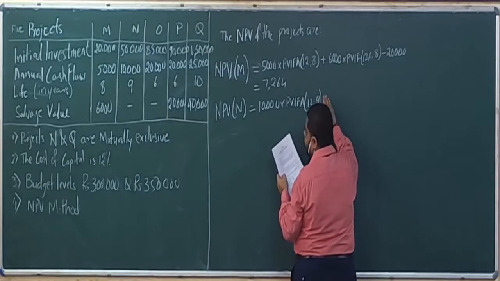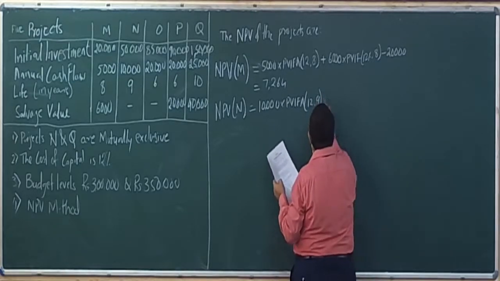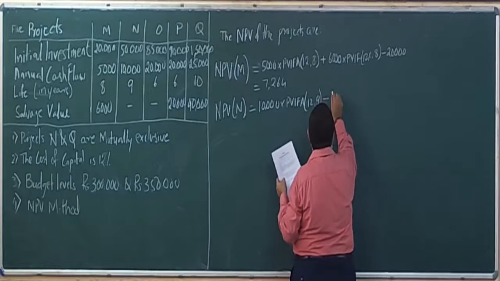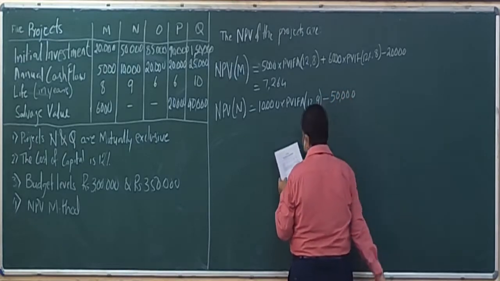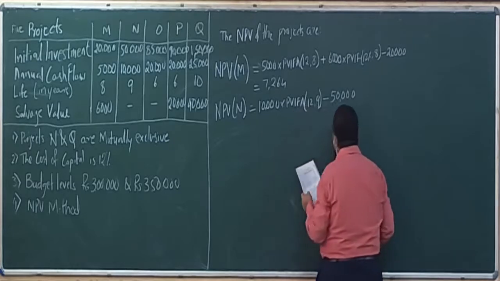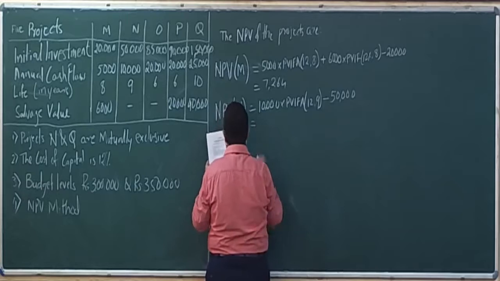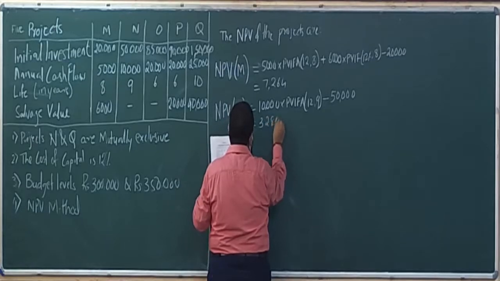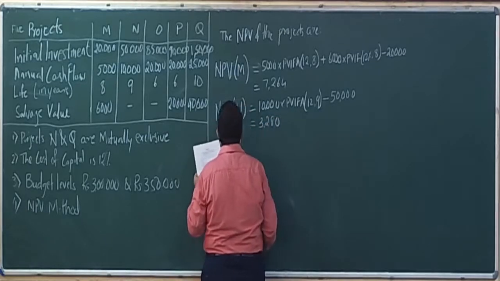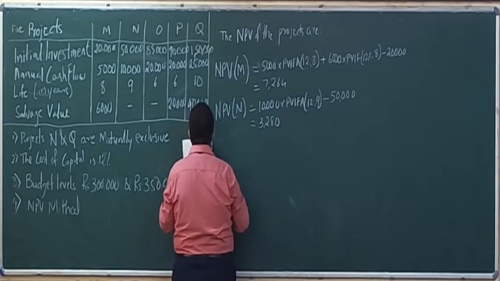We don't have any salvage value for this project, so straight away I deduct the initial investment, 50,000. You will get an answer of 3,280 as the net present value for project N.